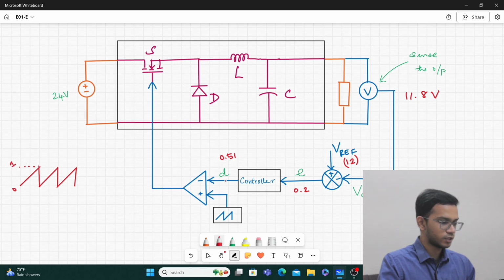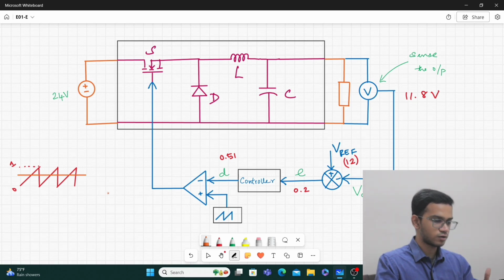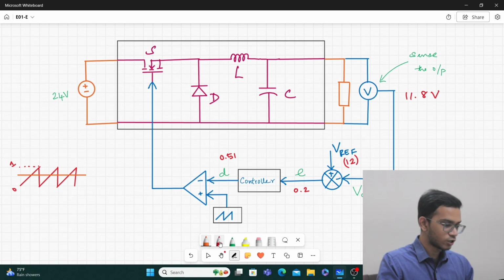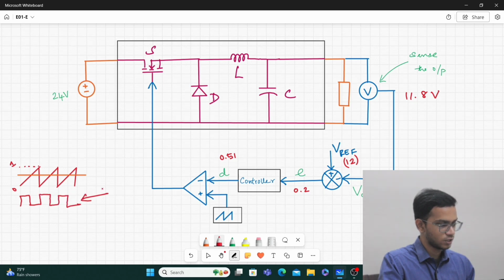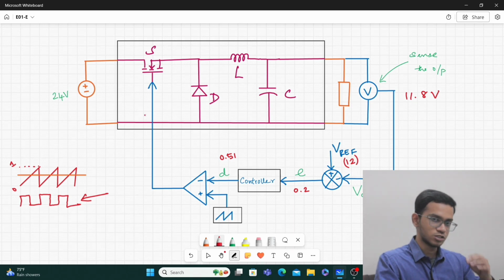Now I am saying that this duty ratio is having a value of 0.51. So the duty ratio will cut this sawtooth somewhere near here. Now because of this, the comparator will do its action and it will produce a PWM according to this. Whenever the duty ratio is dominating, you will have a high pulse here, and whenever the sawtooth is dominating, you'll have a low pulse. You will get a PWM like this. This PWM will be fed into the switch.